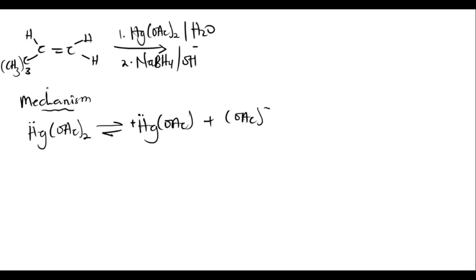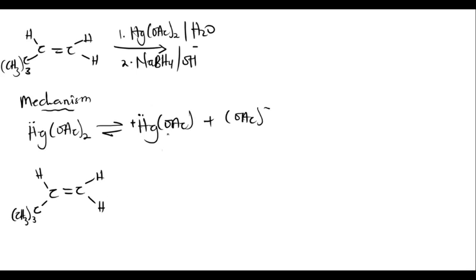From here the reaction will now occur. So we have the alkene, with the hydrogen here, hydrogen here, hydrogen here. Then we have the carbon bearing CH3, three of them over here.